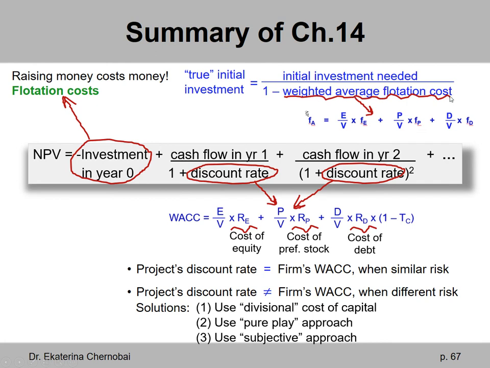The weighted average flotation cost combines the flotation cost for raising money from selling common stock shares, from selling preferred stock shares, and from selling bonds. So the 3 flotation costs for these 3 sources of financing may be different, and that's why we need to find their weighted average. So this is the summary of what chapter 14 was all about.